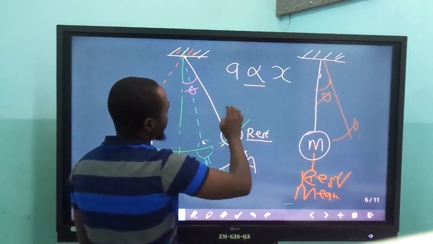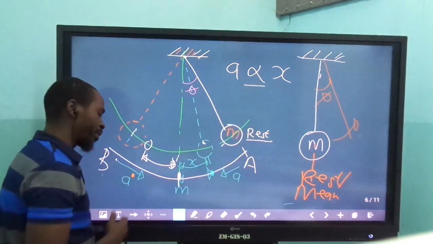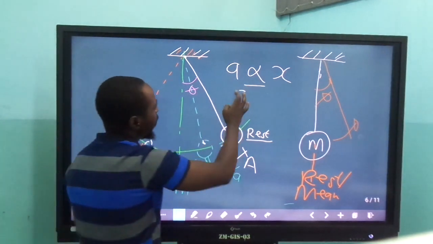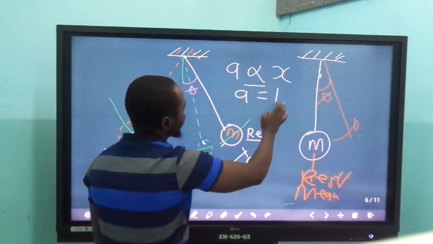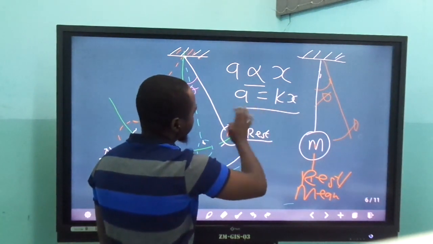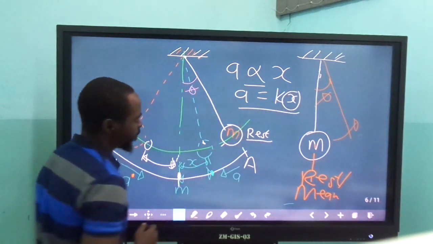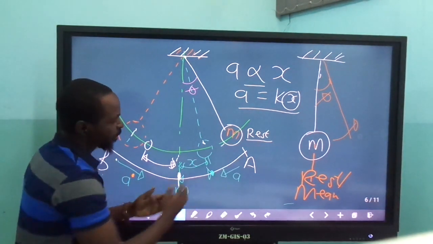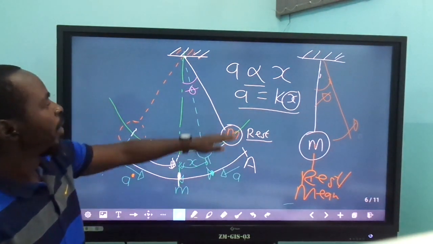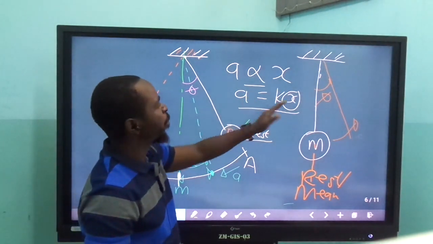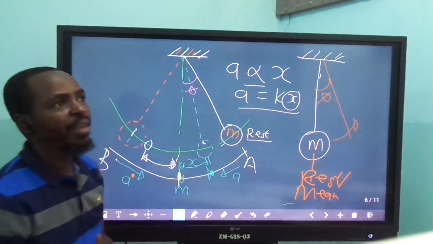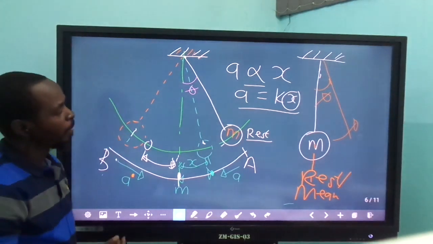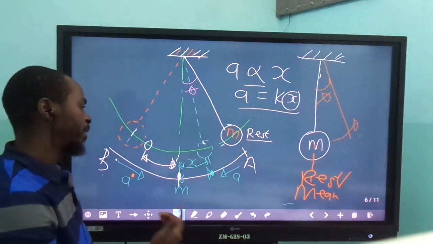When we replace the proportionality sign with an equal, the acceleration is going to be equal to kx, where that x is the displacement. Now, when the acceleration is always pointing towards the mean position, and the acceleration is proportional to the displacement, then that periodic motion qualifies to be simple harmonic.